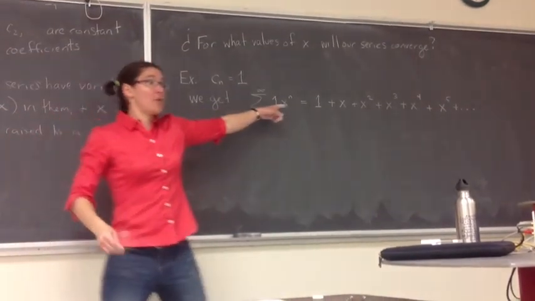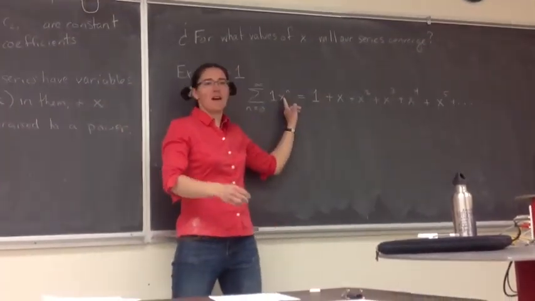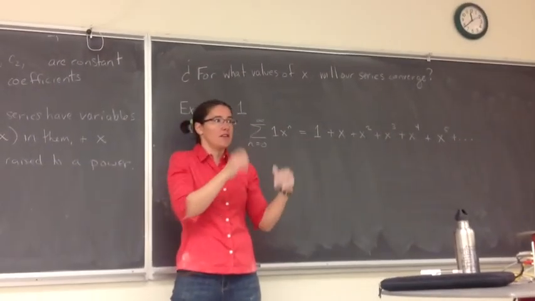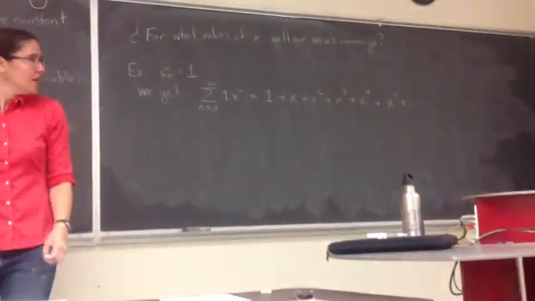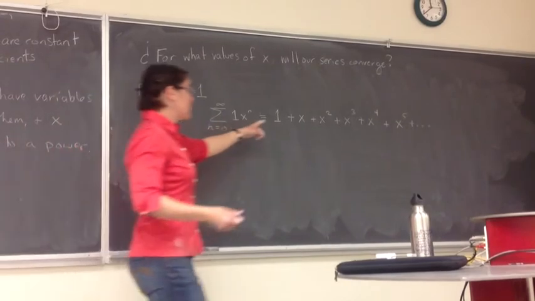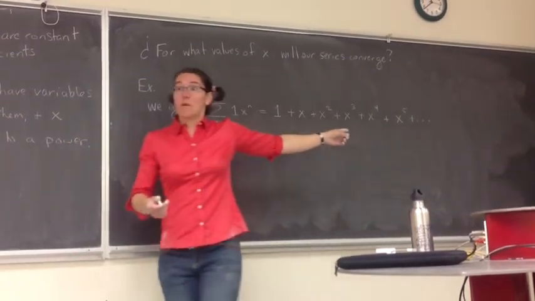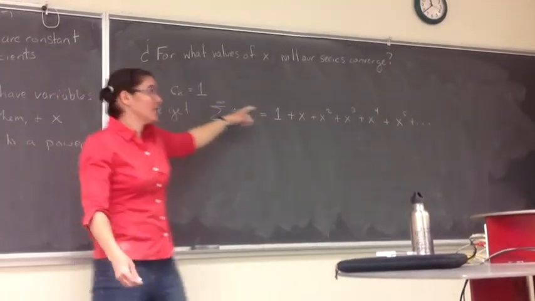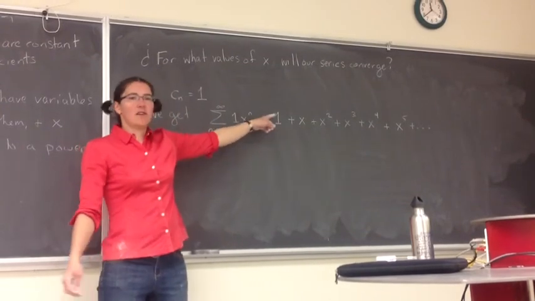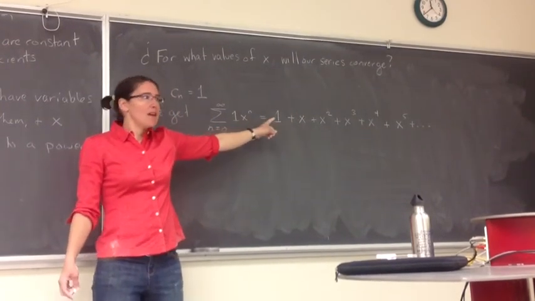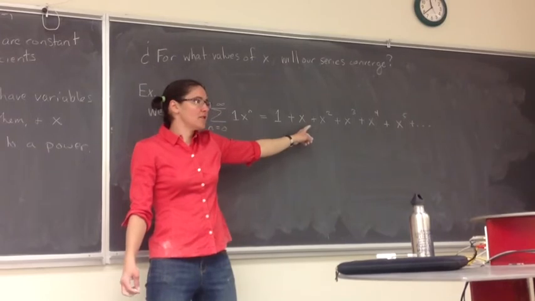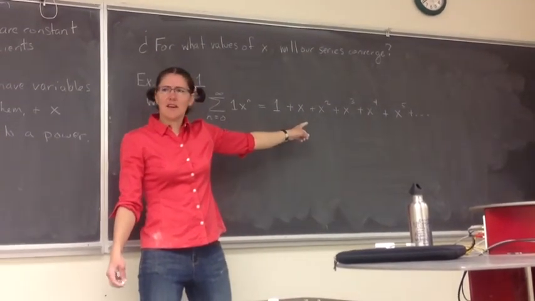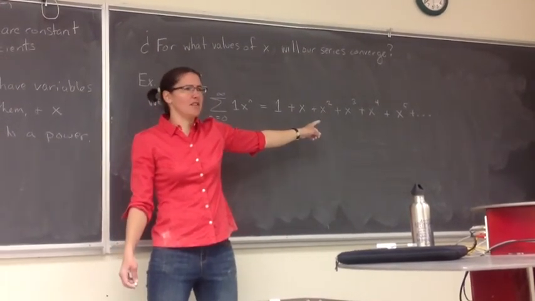Alright, so I've got a power series centered at 0 because it's not x minus some number raised to the n, it's just x raised to the n. And I write this out and I have all these terms right here. Now, when I look at this series, notice that I have x raised to the power each time. And I look again and I say, you know, this series looks awfully familiar. What kind of series does this kind of look like?